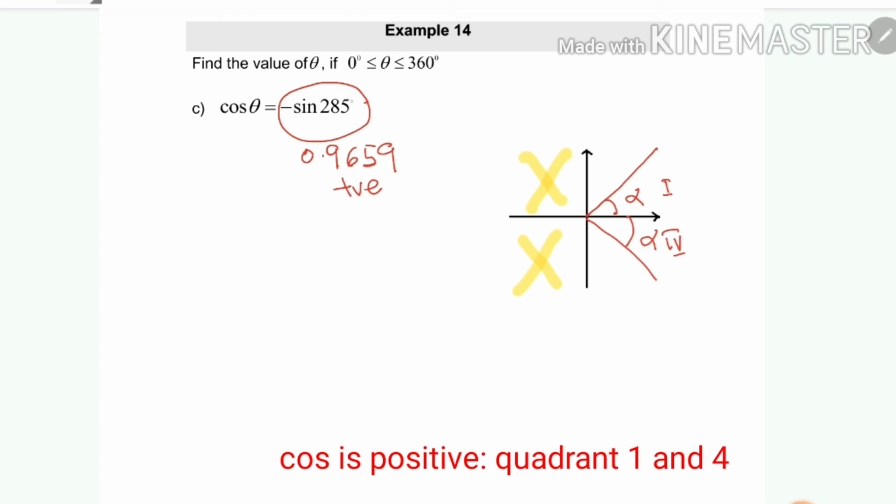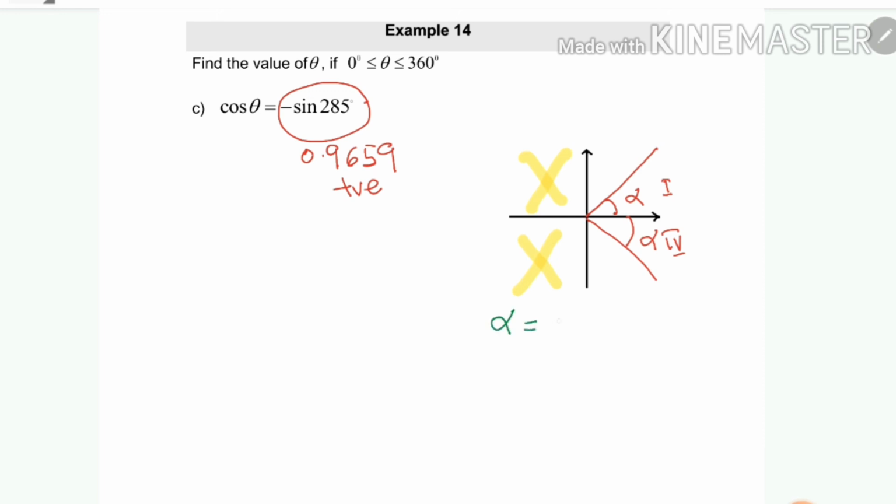Let's find out the value of alpha. Alpha equals arc cos 0.9659. By using calculator, we can find out that alpha equals 15 degree.